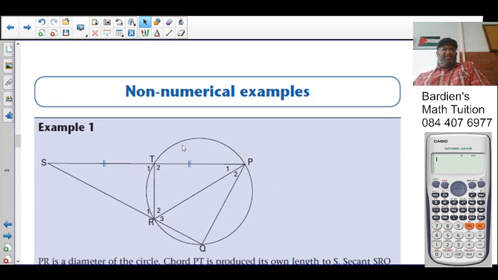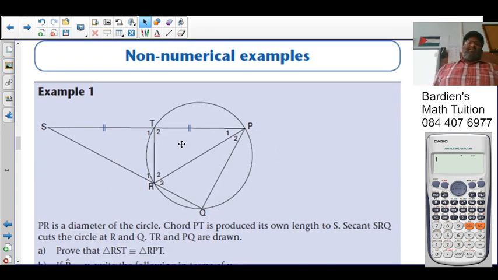So the non-numerical examples are examples or riders that have no value to them. We don't know the exact value of the angles. Numerical is a number, so non-numerical is no number.